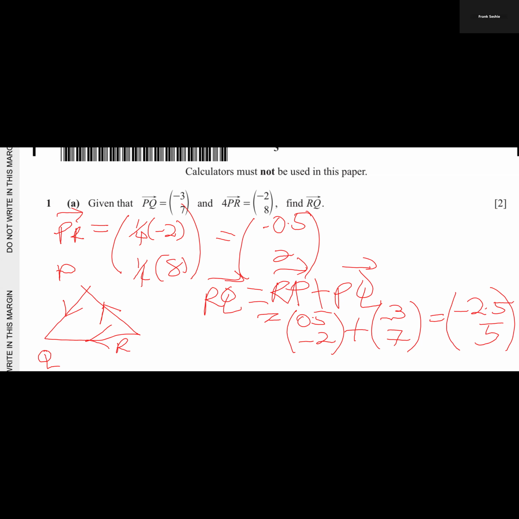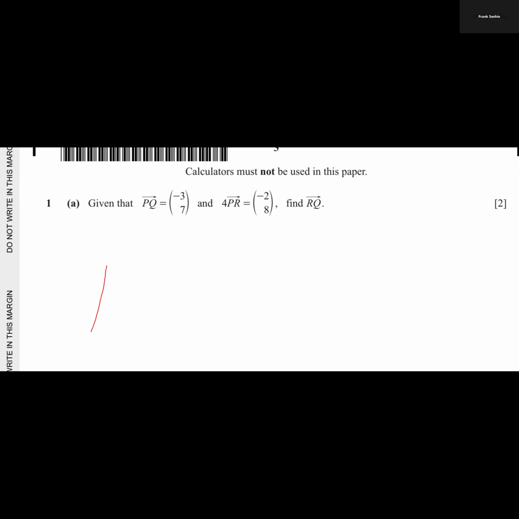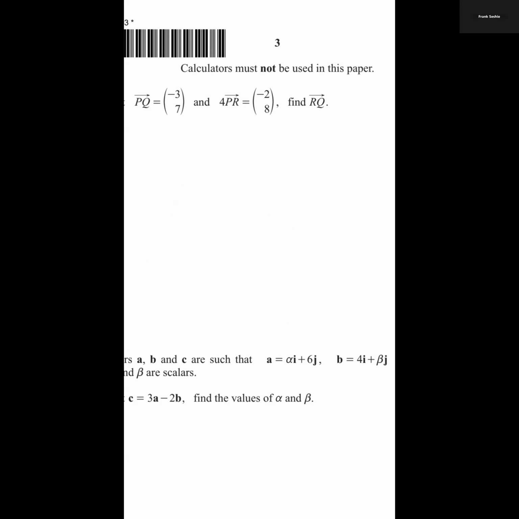We move on to question number 1B. The vectors A, B, C are such that A is that, B is that, C is that.